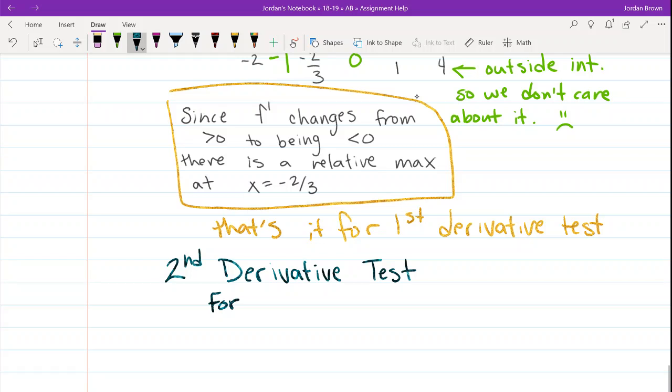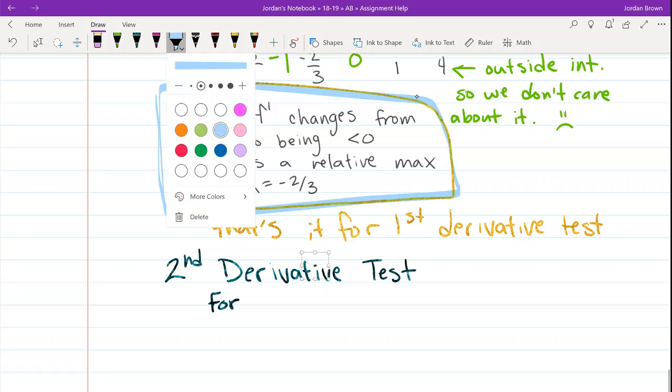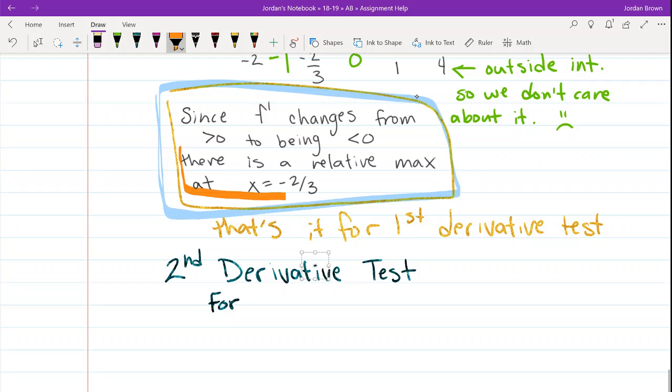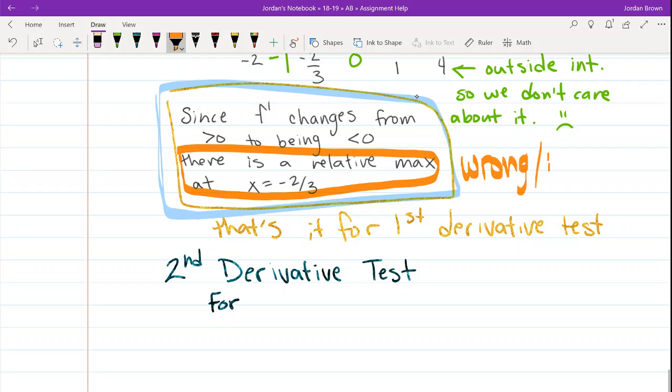If you don't have some sort of equivalent to what is inside this gold box, you need to have everything inside this box. If you just tell me that there's a relative max at negative 2/3, that will be wrong or incomplete.